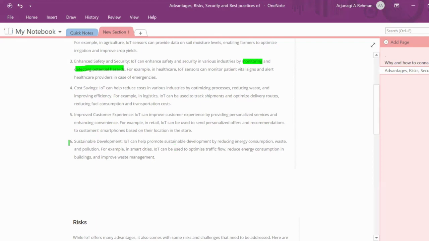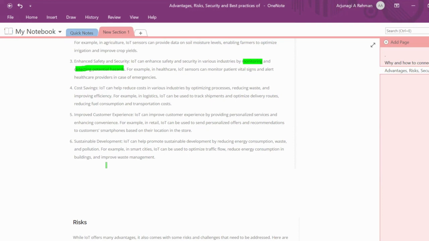So sixth point is sustainable development. IoT can help promote sustainable development by reducing energy consumption, waste, and pollution. For an example, in smart cities, IoT can be used to optimize traffic flow, reduce energy consumption in buildings, and improve waste management.